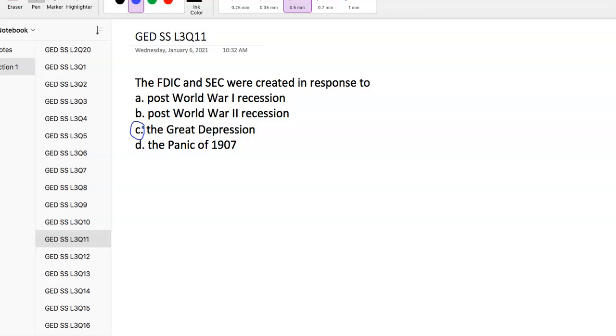So FDIC, that's Federal Deposit Insurance Corporation, and it was created to protect depositors' accounts, and the SEC, which is the Securities and Exchange Commission, was to regulate the stock market and prevent abuses of the kind that led to the 1929 crash, right? And so the 1929 stock market crash, Black Tuesday, signifies the beginning of the Great Depression.